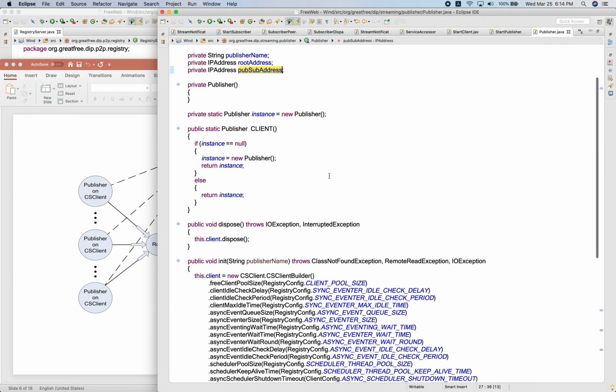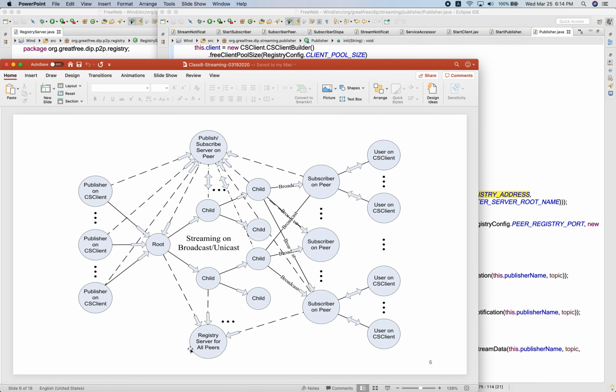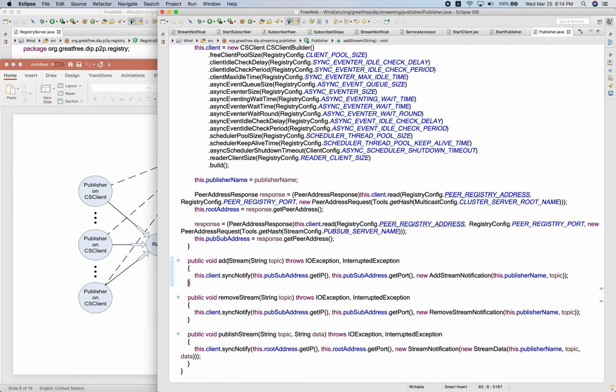That's also common sense, right? All the IP addresses can be accessed from the registry server. After that, they can add string, remove string, and publish string. When a data stream needs to be published, it needs to interact with the root.